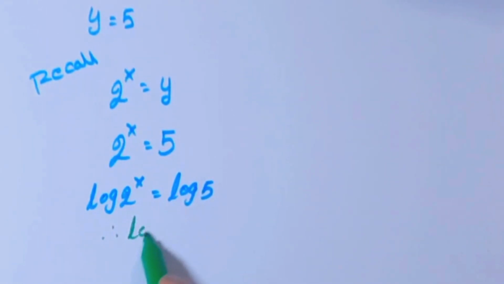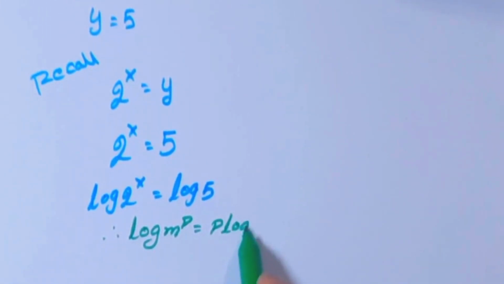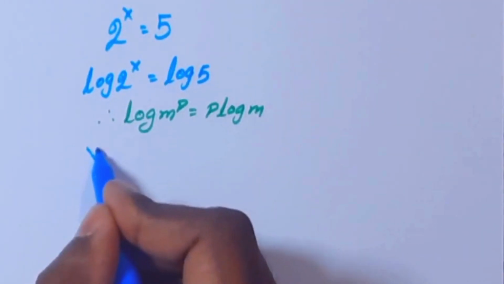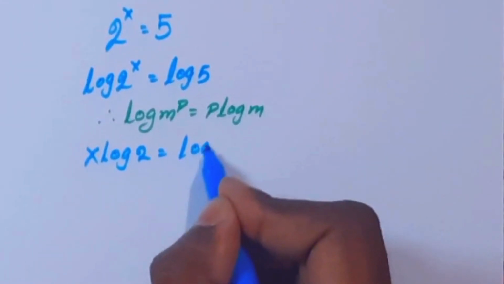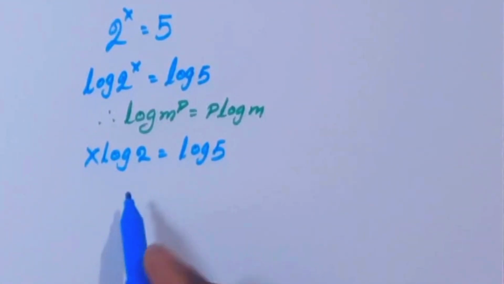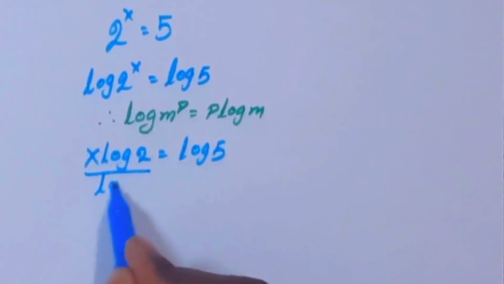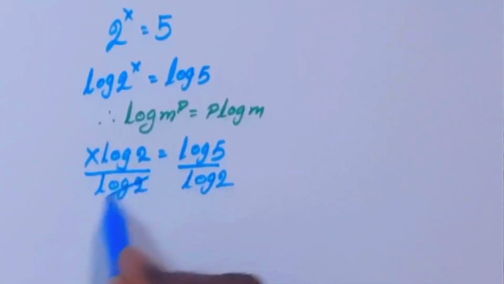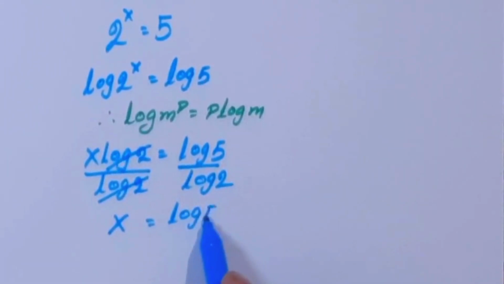Therefore, we know the log power formula, log m power p equal to p log m. Now we are going to apply this here. x log 2 equal to log 5. Now we are going to divide on both sides by log 2. This log 2 cancels, so we have x equal to log 5 by log 2.